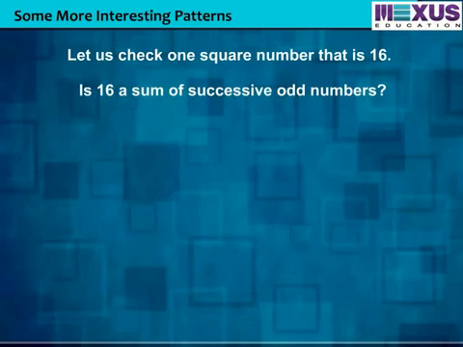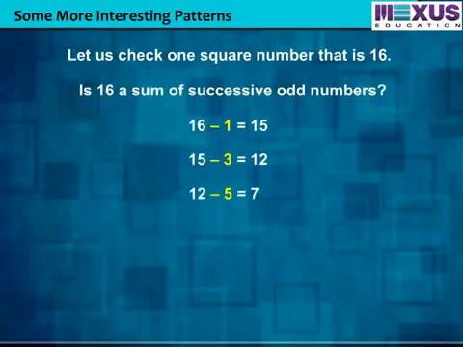Let us check one square number, that is 16. Is this 16 a sum of successive odd numbers? For getting the answer, we will start subtracting: 16 minus 1, then minus 3, then minus 5, then minus 7. Yes, we get 0 after subtracting the odd numbers from 16.